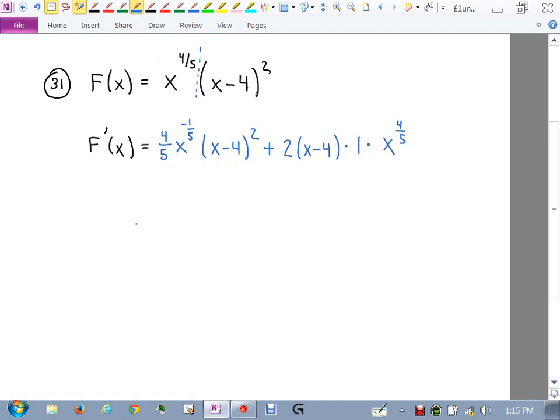So this will become 4x minus 4 squared over 5x to the 1/5, and then plus 2x minus 4 times x to the 4/5. All I did was drop this negative exponent down, and then it joined the 5 that was already down there. Other than that, I didn't really do a whole lot.